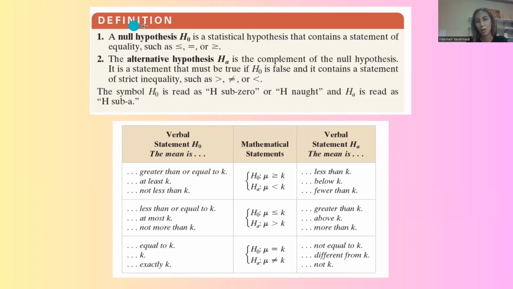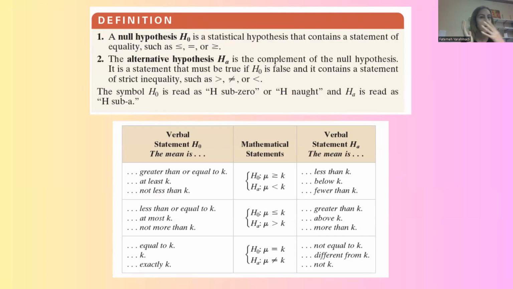When we're talking about hypothesis testing, you're dealing with two different types of hypotheses. A null hypothesis, denoted by H sub 0, is a statistical hypothesis that contains a statement that includes equality. This is the important part that you need to remember.